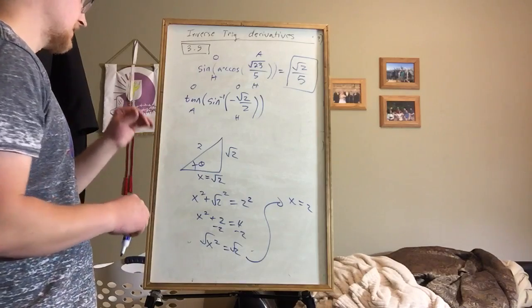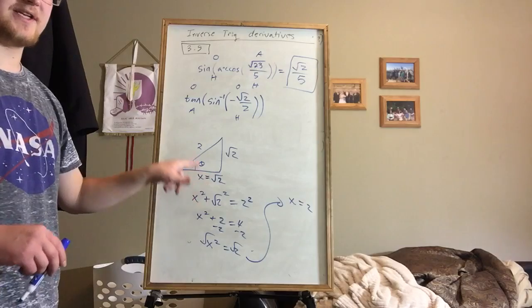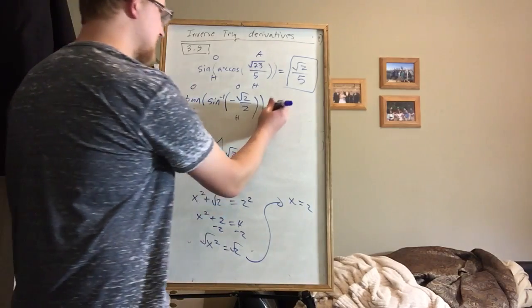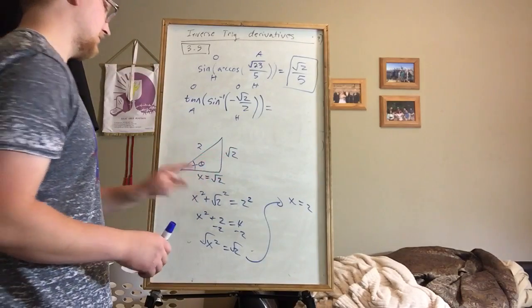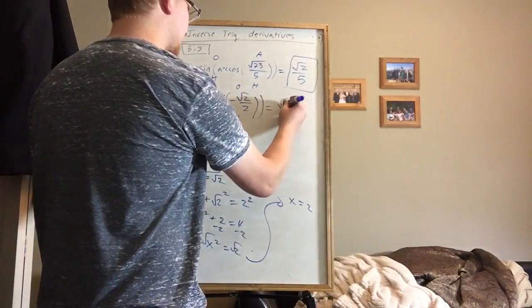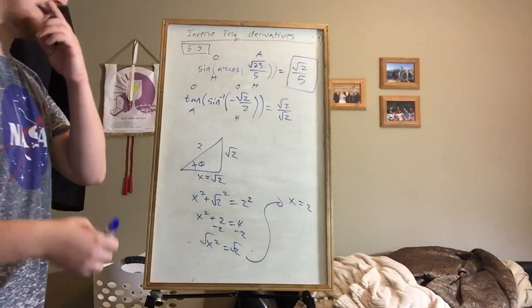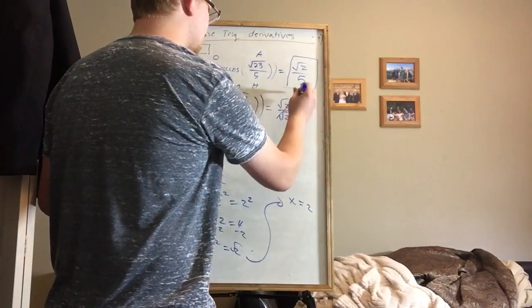Now we know the opposite, the adjacent, and the hypotenuse. To do tangent, you have to know opposite over adjacent, which happens to be root 2 over root 2, and that is going to give us 1.